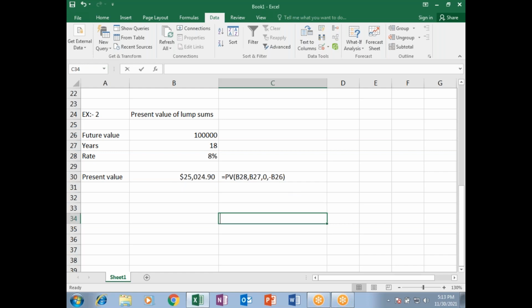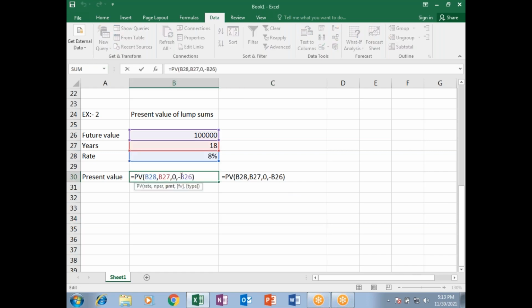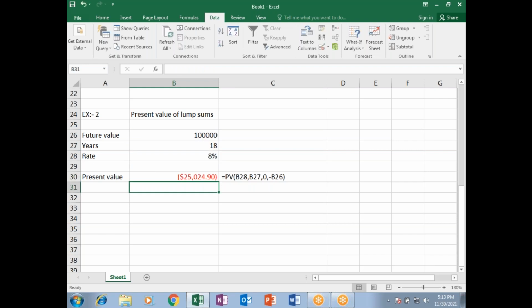I told you, why is it showing red color? If you don't give the minus symbol for your future value, then obviously it will show in red color. So to avoid that red color, we give that minus symbol, and then it will give you the positive value.